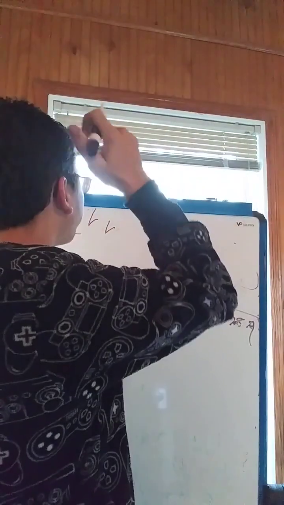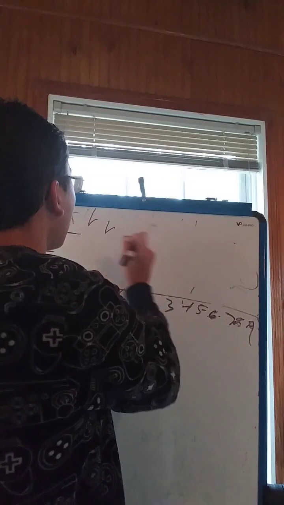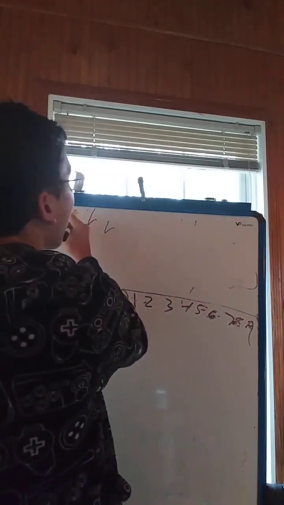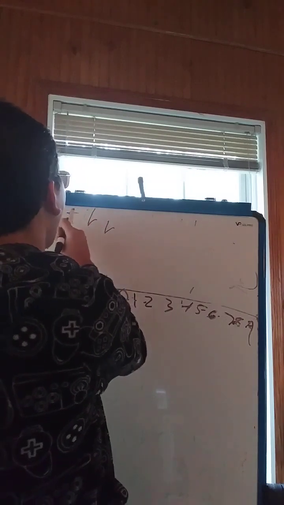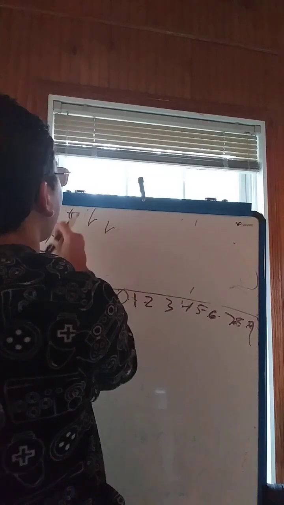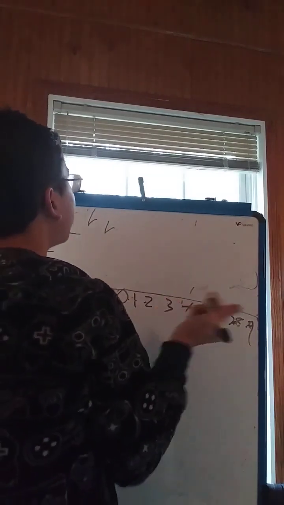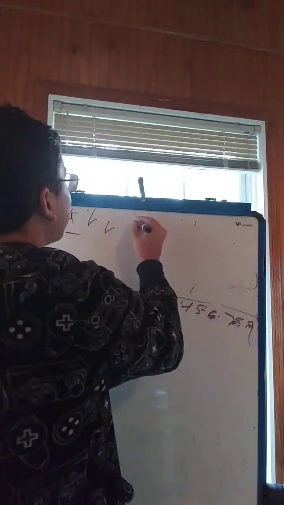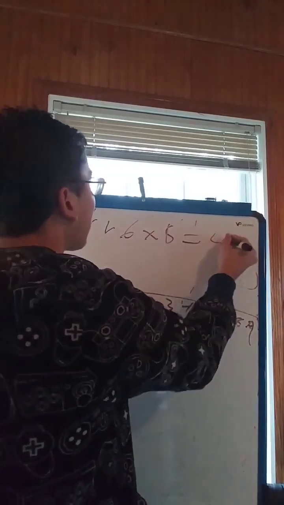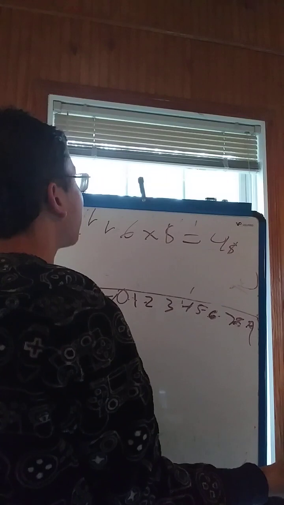So, division and multiplication are another version of, division and subtraction are a different version of multiplication and addition. So let's just do a simple problem. 6 times 8. Well, that would be 48.